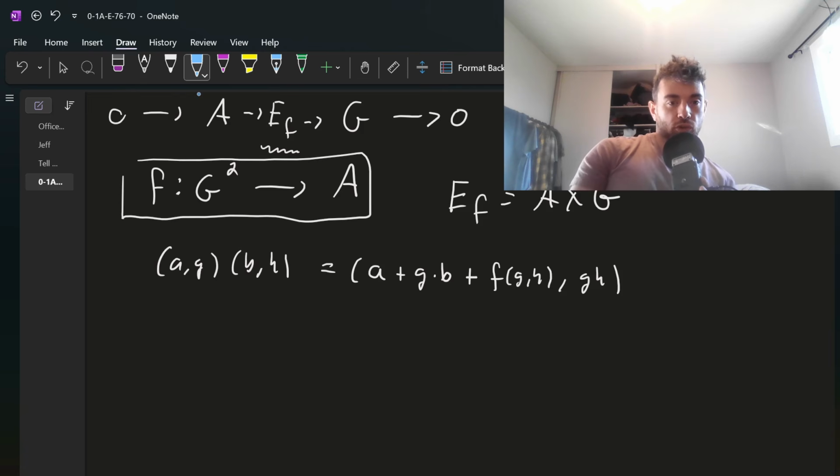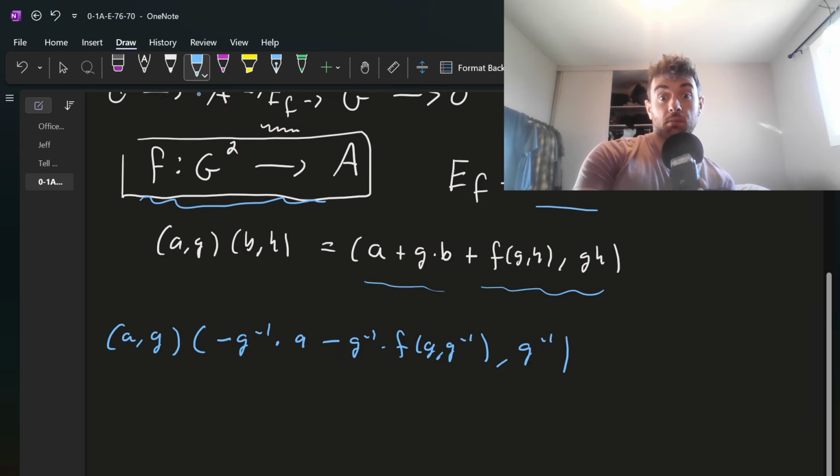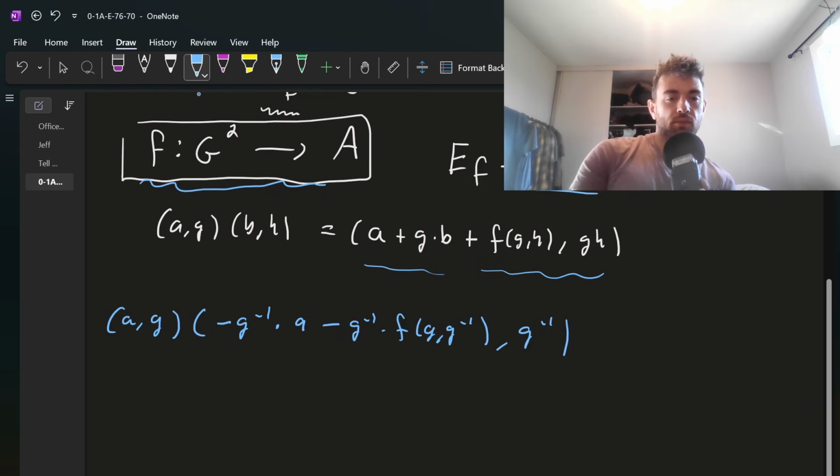So first, note that if I have any function like this, and I want to define a group law on this set of pairs, then notice that (A, G) times (minus G inverse acting on A minus G inverse acting on F of G inverse G inverse), if I plug this into my group law, then what am I going to get?